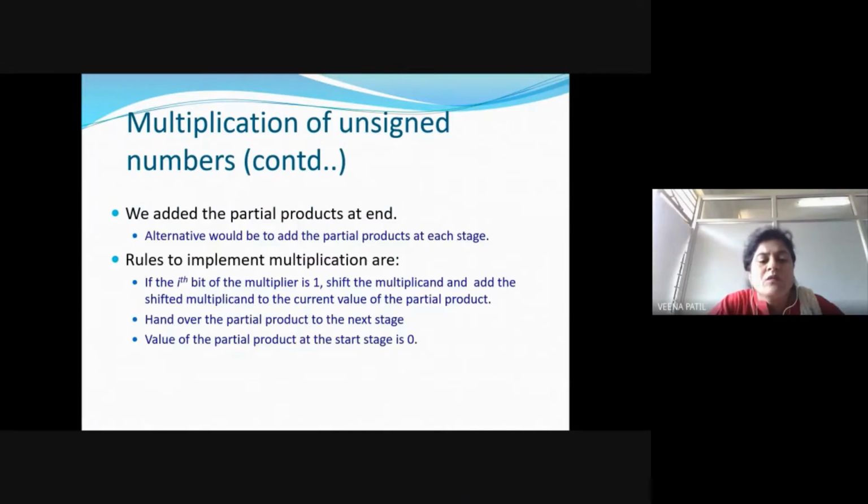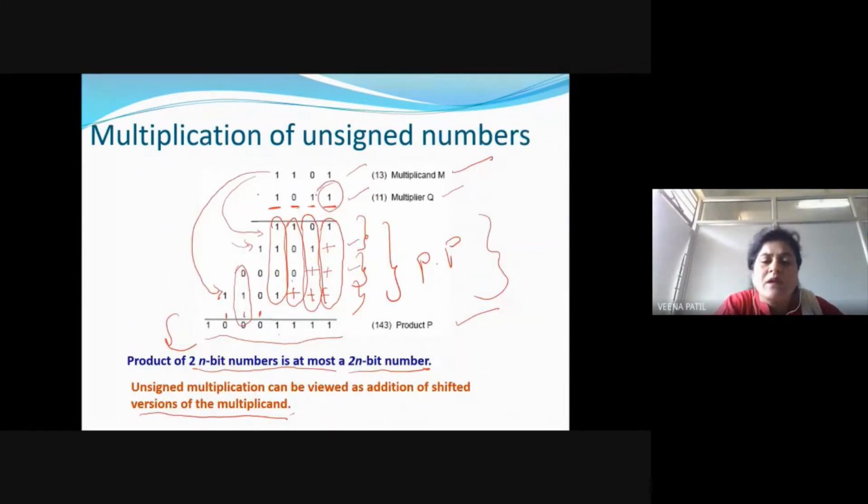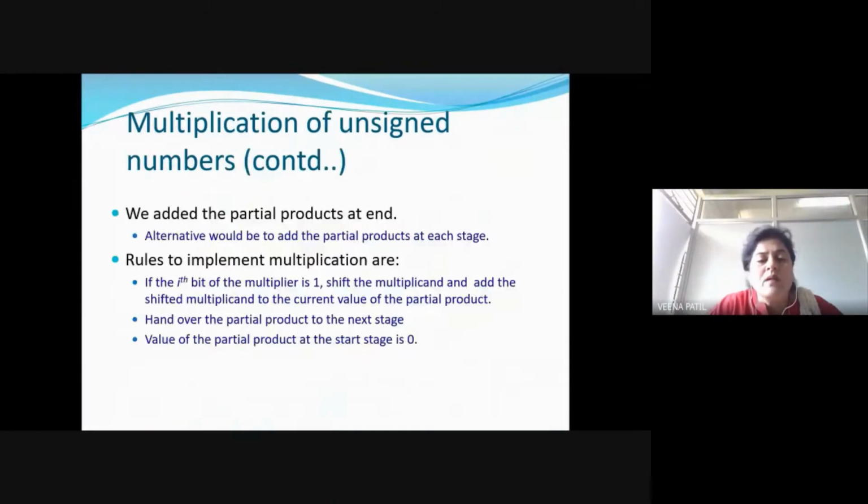Okay. Now, what are the rules to implement multiplication? If the ith bit of the multiplier is 1, ith bit means any bit which I take, let's say it is the ith bit, if it is equal to 1, then shift the multiplicand and add the shifted multiplicand to the current value of the partial products.